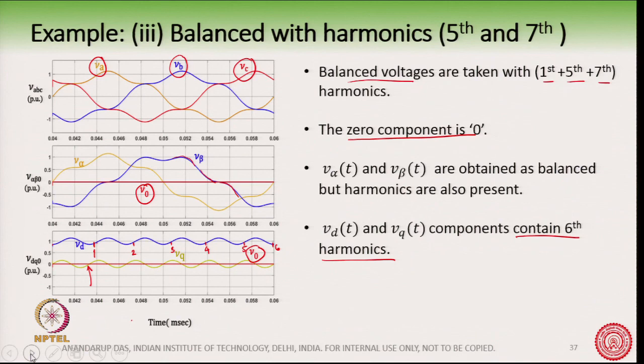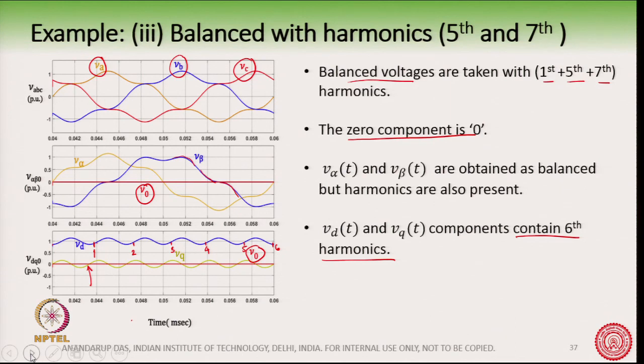as well as V0. You can take up other cases, unbalanced with harmonics, balanced with non-equal harmonics, and many other things. Okay. And you can yourself see how the alpha, beta and dq transformations look. Okay.